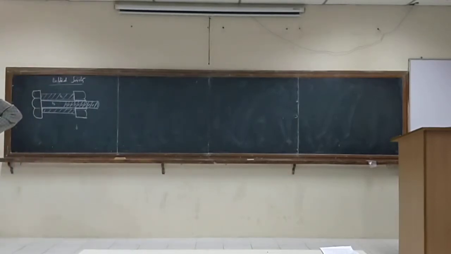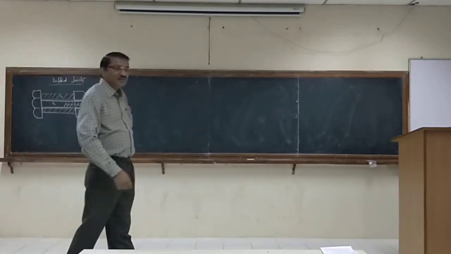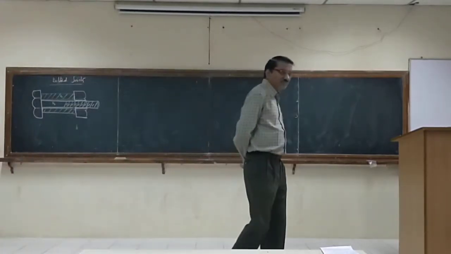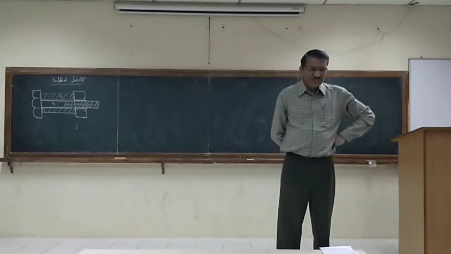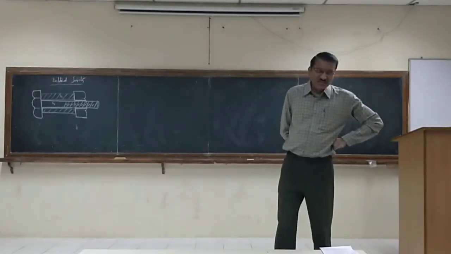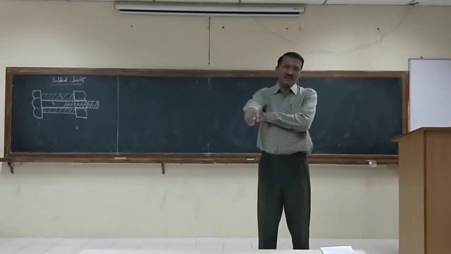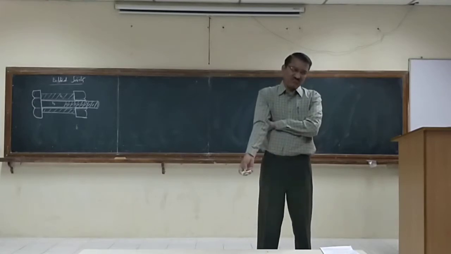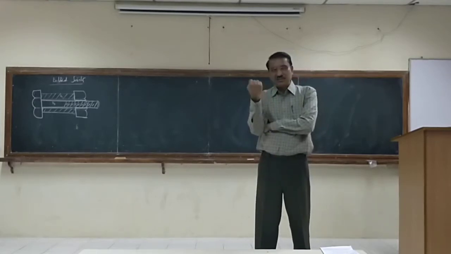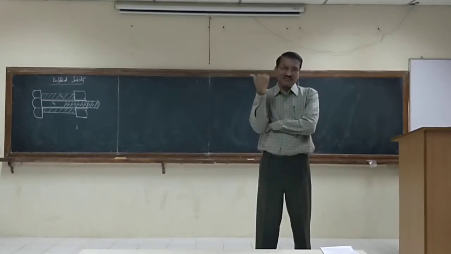Delta net is equal to delta of bolt plus delta of cylinder, that is, the cylinder portion plus the bolt portion. So the cylinder will be in compression, and the shank of the bolt will be in tension.